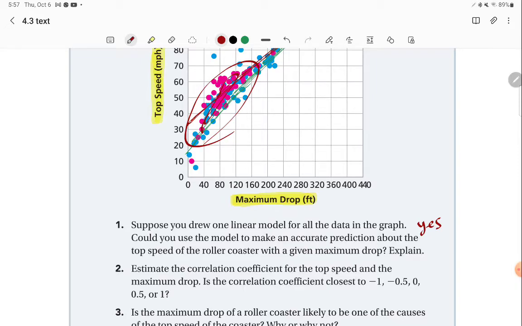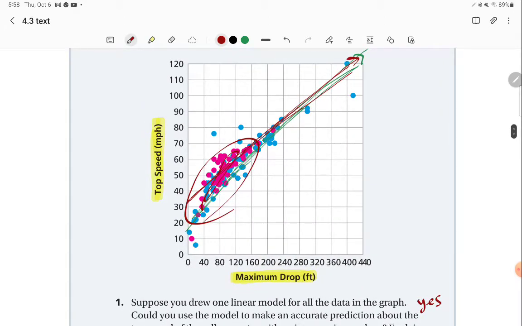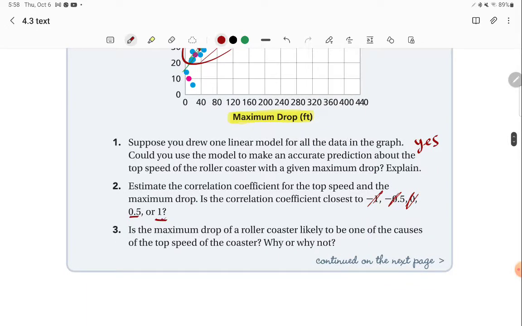Number 2, the correlation coefficient. Is the correlation coefficient closest to -1, -0.5, 0, 0.5, or 1? Well, we know it's not negative, and we know it's not 0. The only ones left are 0.5 and 1. It's not going to be 0.5 because it's a pretty close correlation. So the best answer here is going to be 1.